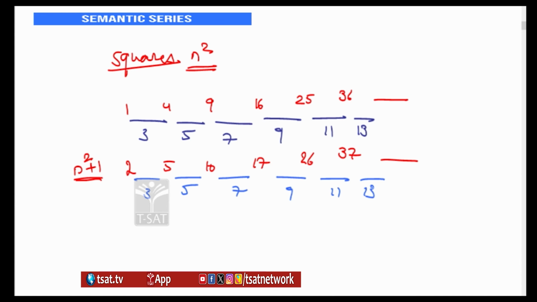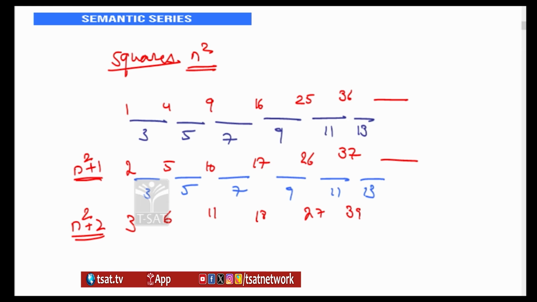So the format doesn't matter if you take the difference when the question is in n square and the patterns are in squares. The next one is n square plus 2. The moment you see the question, if you are able to recognize the format of n square plus 2, then it's no problem. The question will be given like 3, 6, 11, 18, 27 and 39.